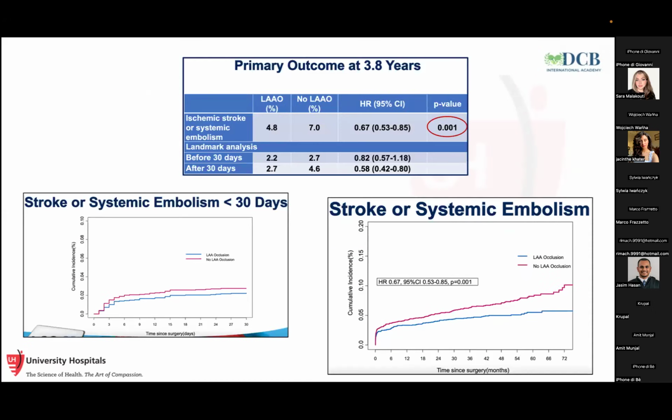Okay. The result of this trial has been astonishing, because there was a reduction of 33% at 4 years in terms of ischemic stroke or systemic embolism events, 4.8% in the LAO group compared to 7% in the no LAO group.